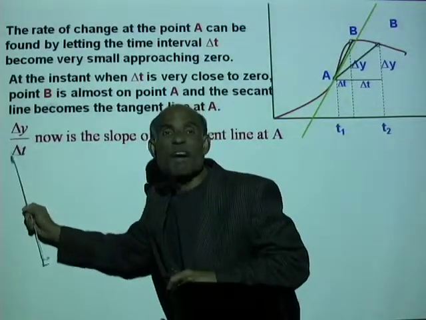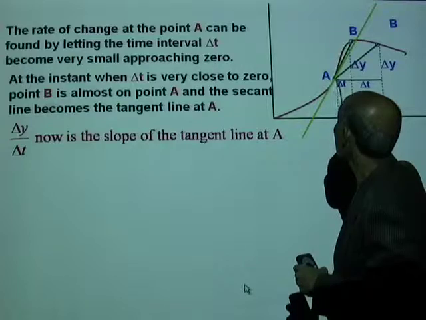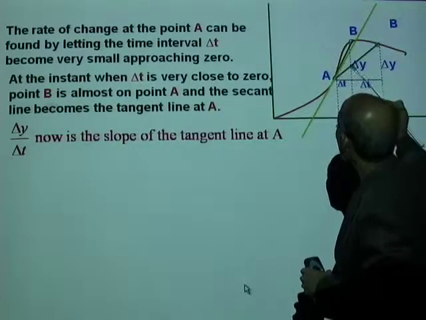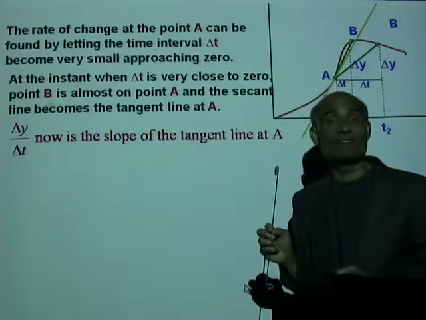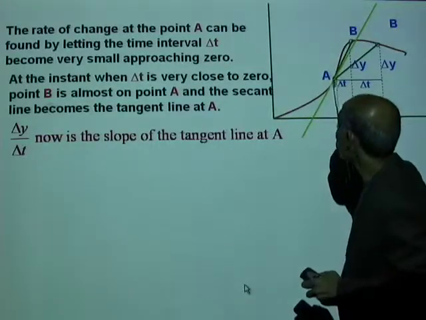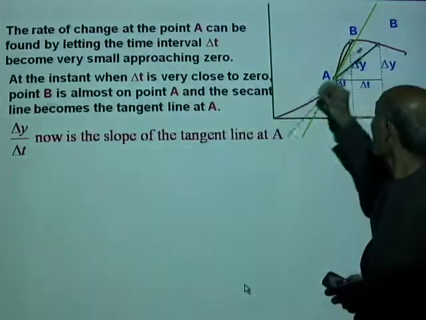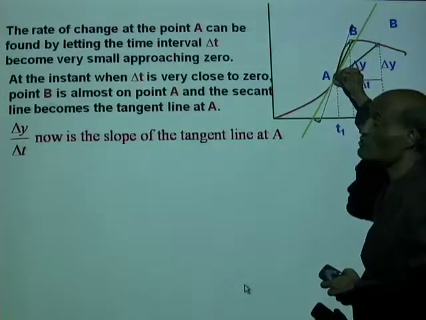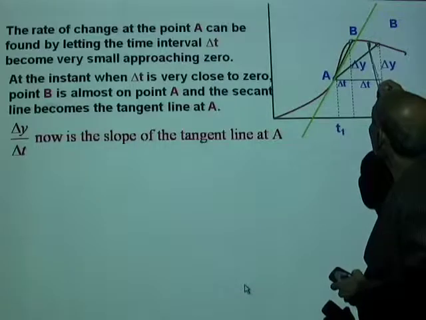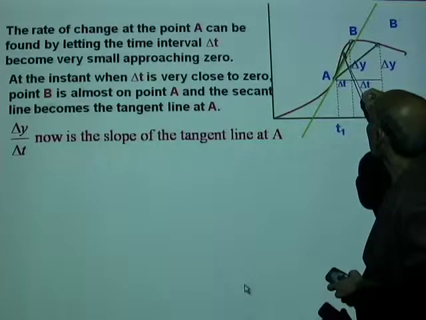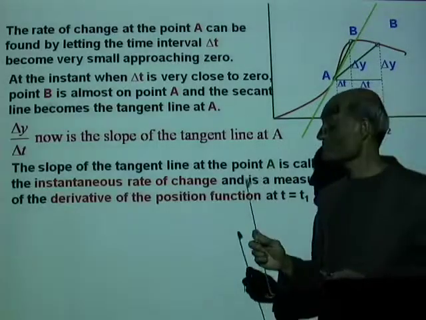So the limiting value of delta y by delta t, when delta t is very close to 0, is when the line AB actually becomes the tangent at the point A. Then the rate of change at A will be the slope of that tangent line. You see how the secant line becomes the tangent line? By bringing this point B closer and closer such that the time interval delta t becomes very small.